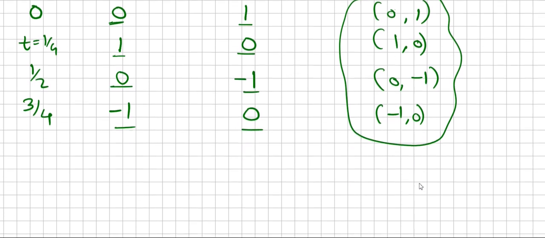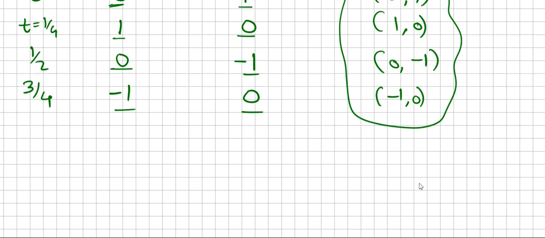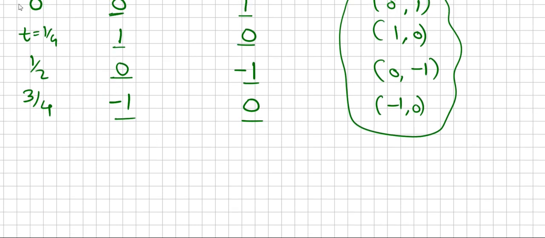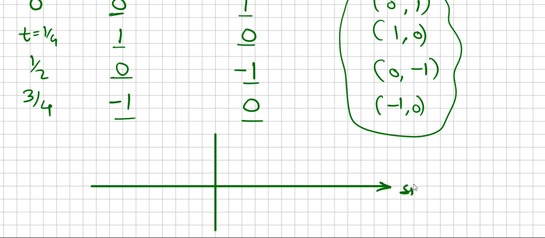Once we have the coordinates, it becomes very easy to plot the correlogram. Let's start. The x-axis is x1 of t, that means sin 2 pi t, the y-axis is x2 of t, that means cos 2 pi t, and as per our expectation we should get one circle.